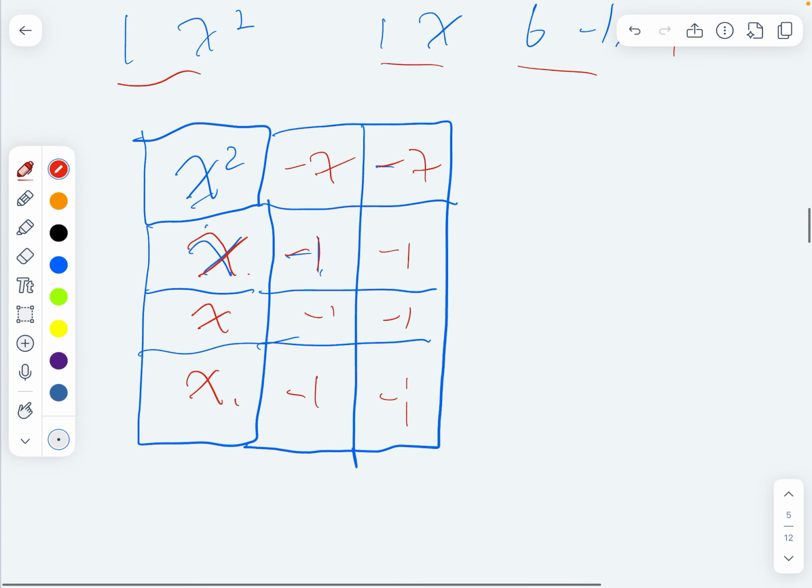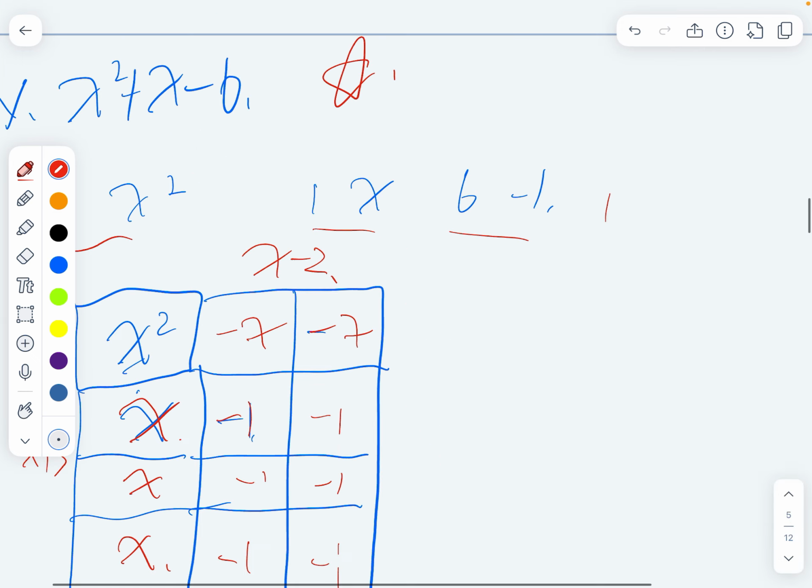So this one is x plus 3 times x minus 2. The final answer will be x minus 2 times x plus 3.